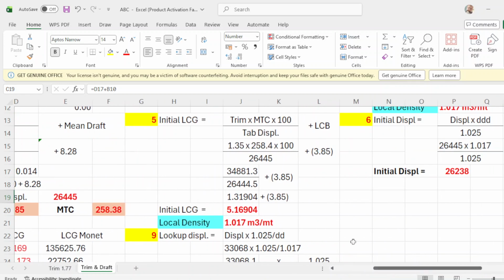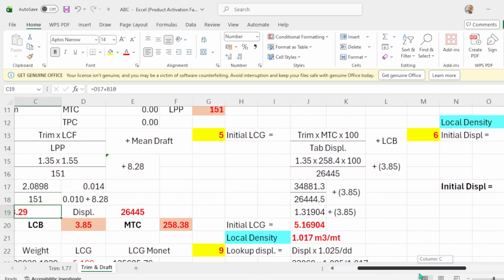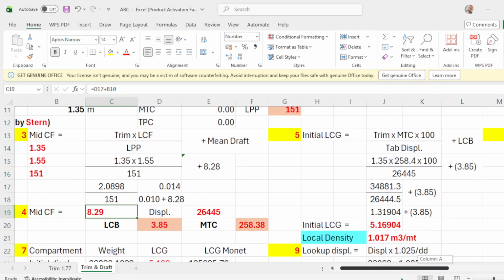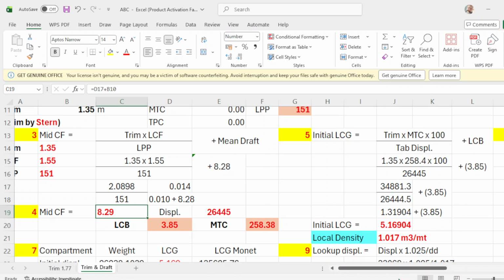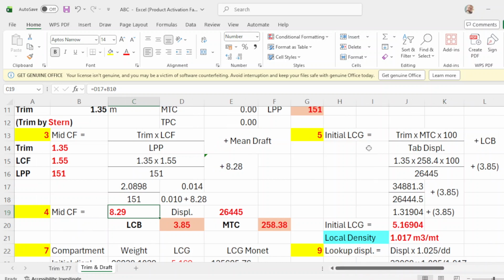Your trim is 1.35, this one, times MTC. MTC is 25838.